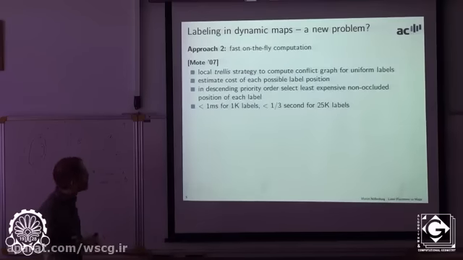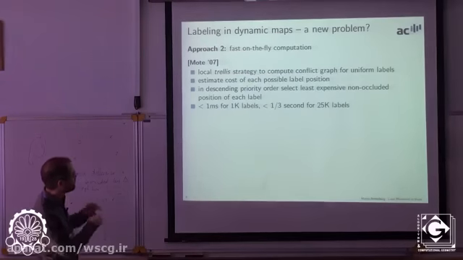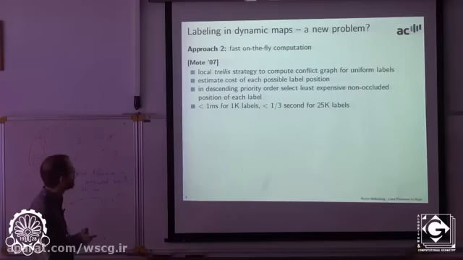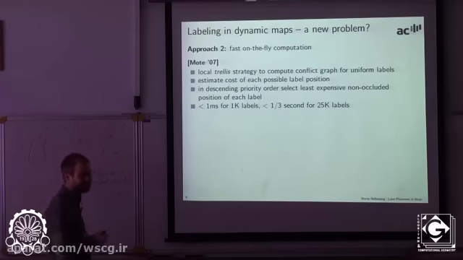A different approach is fast on-the-fly computation where you do not do pre-processing. They use some kind of strategy to compute this conflict graph on demand whenever you see a new view. Then they estimate costs for possible label positions, and then by priority of the labels, so maybe you want to start with the capital and the cities that are big cities in the country, then in descending priority order you select the best currently non-occluded position of that label, if there is still one.